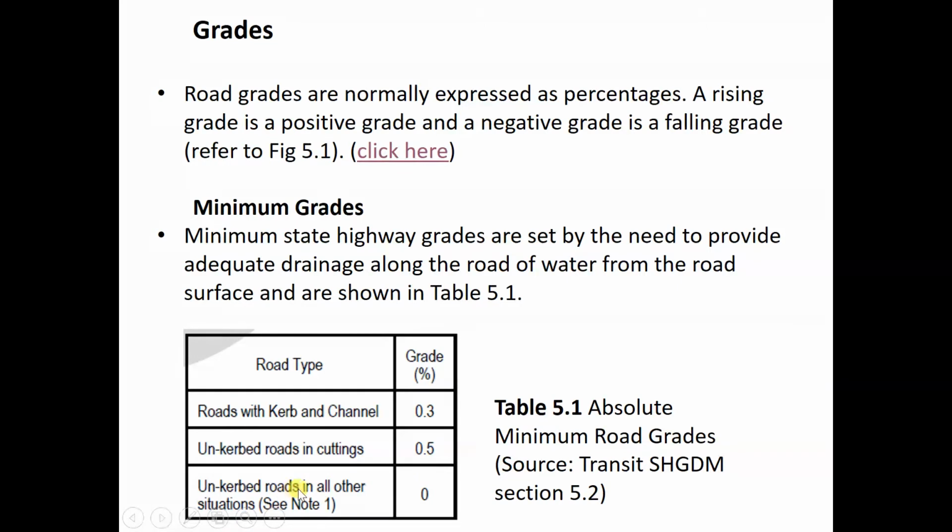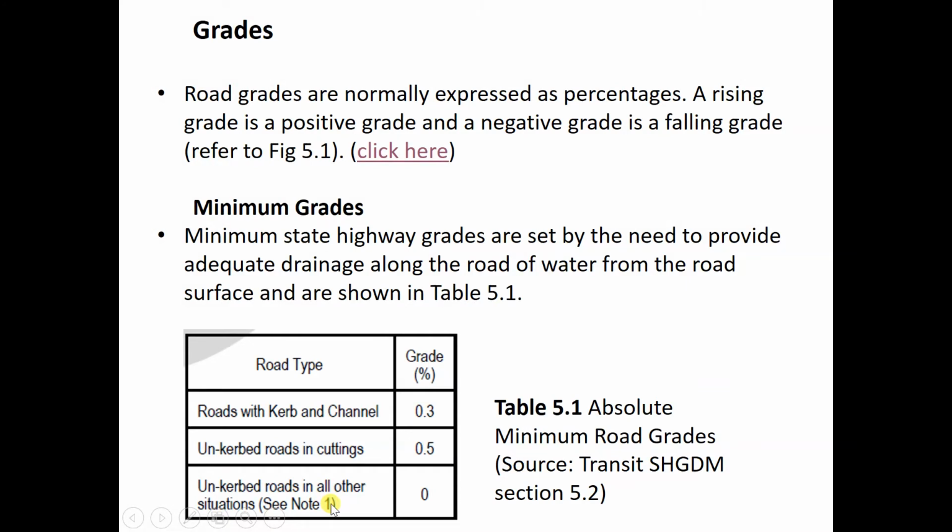And then there is the uncurbed road in all other situations. For the cutting, you need to provide a roadside drain, so you need to provide some gradient for the roadside drain.